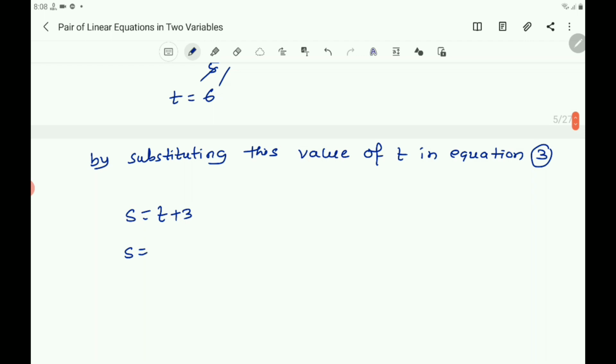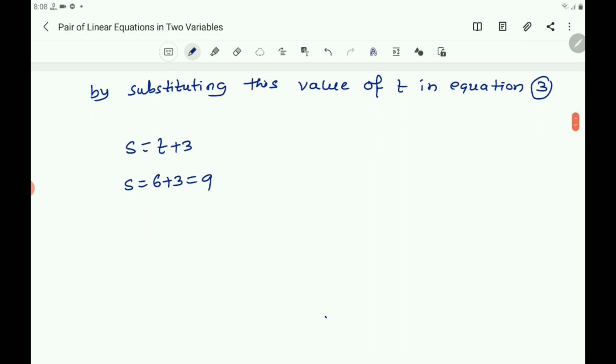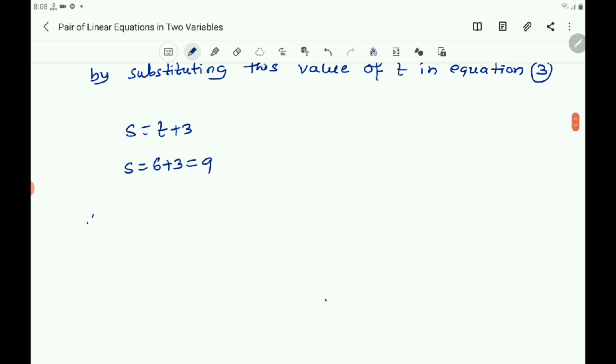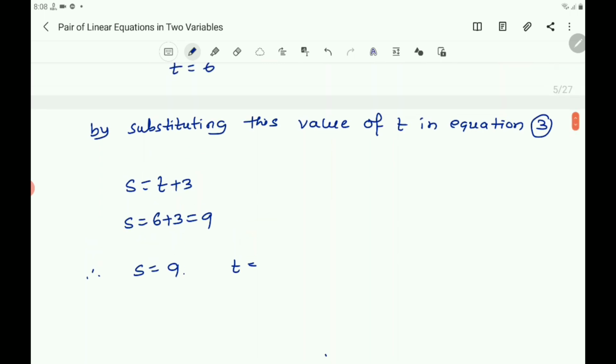Then s equals 6 plus 3 equals 9. So you got, therefore, the solution: s equals 9, t equals 6.